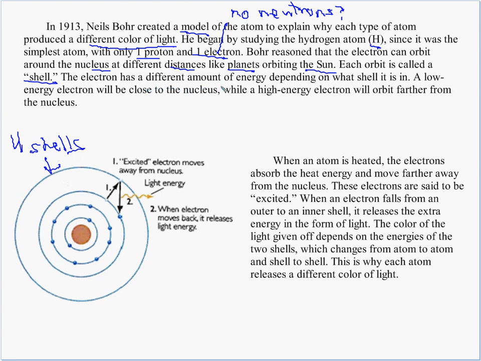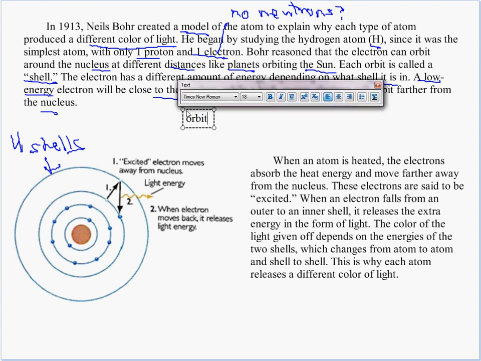The electron has a different amount of energy depending on what shell it's in. A low energy electron will be close to the nucleus. A high energy electron will orbit farther from the nucleus. Okay, let's capture this. So orbits equal shells, and then far shells equal high energy. Close shells equal low energy.